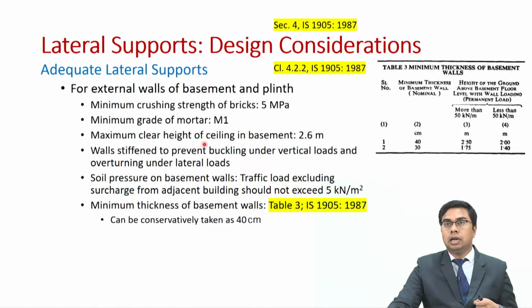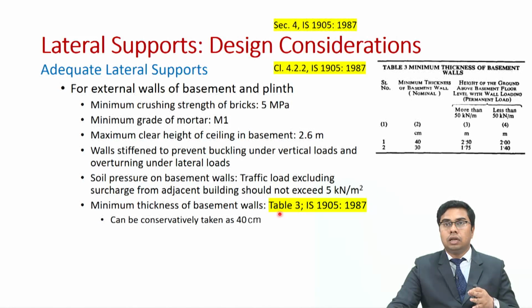The maximum clear height of ceiling in basement shall be 2.6 meters, and walls stiffened to prevent buckling under vertical load and overturning under lateral load. In case of soil pressure on basement walls, we will consider the traffic load, but we will not consider surcharge from adjacent building, and this traffic load shall not exceed 5 kilonewton per meter square.